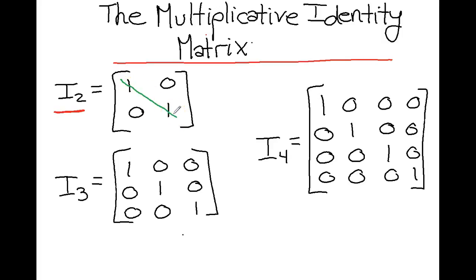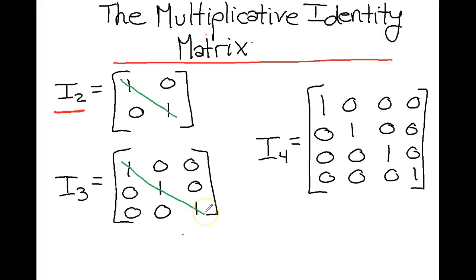If our matrix wasn't square, we wouldn't have a balanced diagonal. We wouldn't go from corner to corner. So it has to be a square matrix for us to have a multiplicative identity for it. All other locations that are not on the diagonal are zeros.